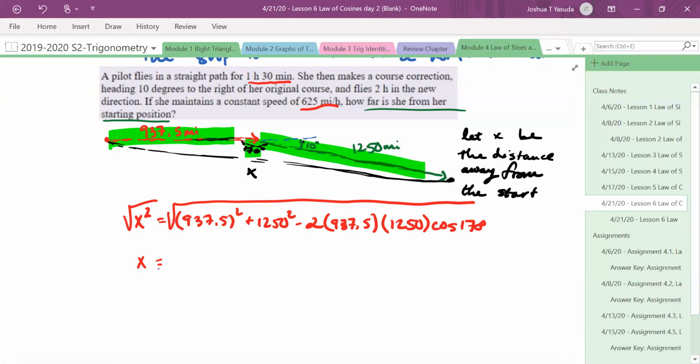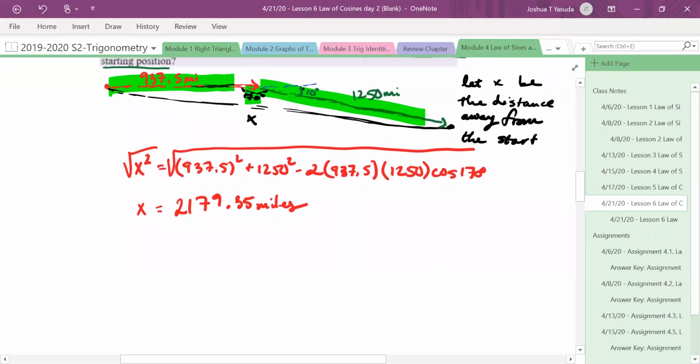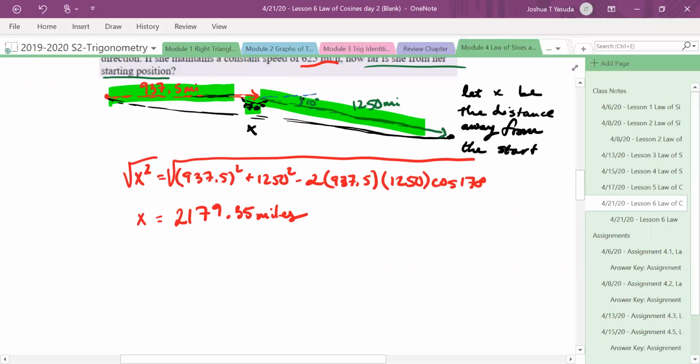So I've got 2,179.35 miles. So that's how far. She is 2,179.35 miles from her starting position. Hopefully that makes sense.